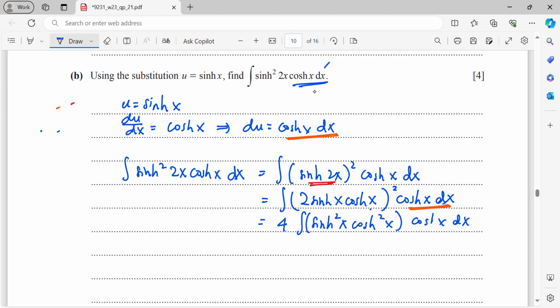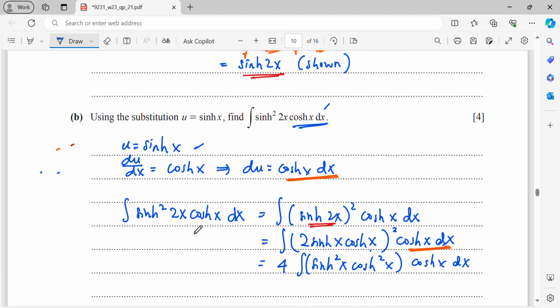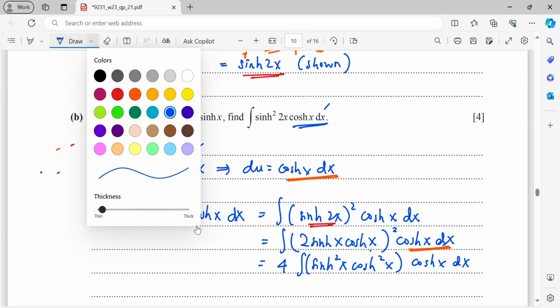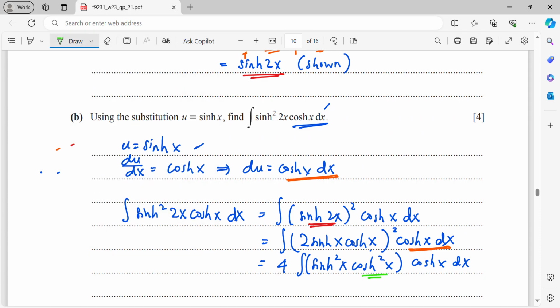Now, since your u is sinh x, I need to change my cosh squared x here into sinh x. So we have an identity. For the trigonometric identity, sin squared x plus cos squared x equals 1.